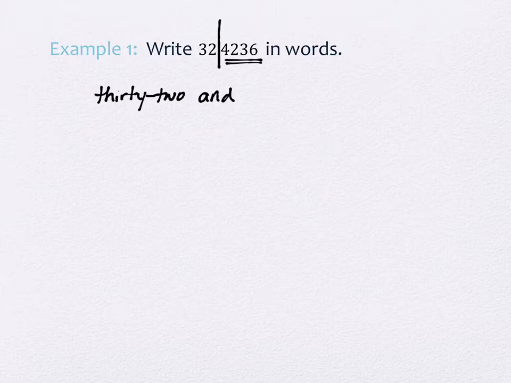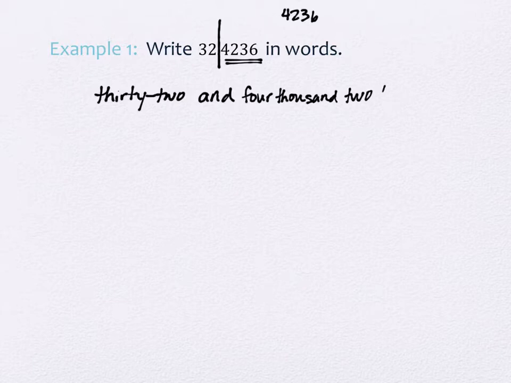What comes after this is first written as though it were a whole number. 4236. If I just gave you the number 4236, how would you say that number? Exactly, 4,236. That's what we're going to write next. 4,236.